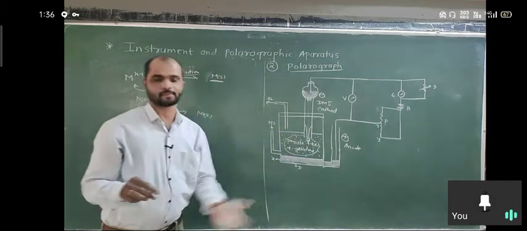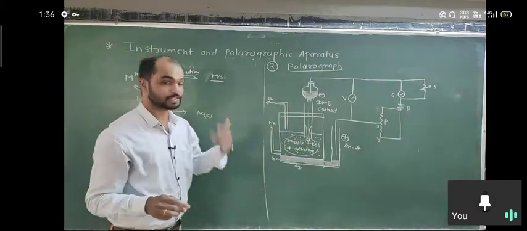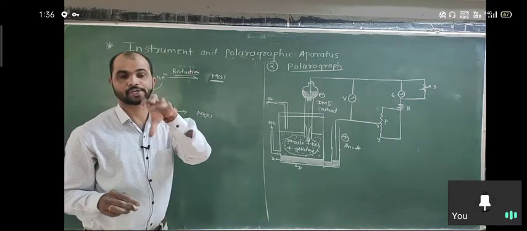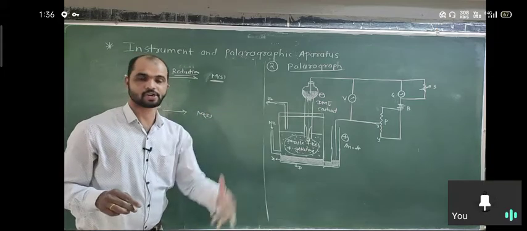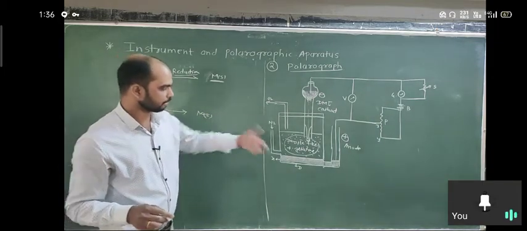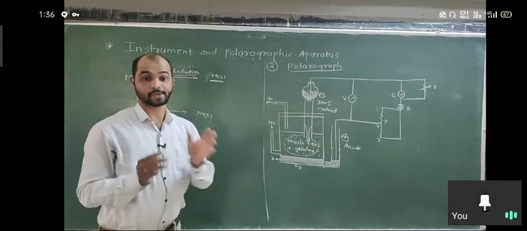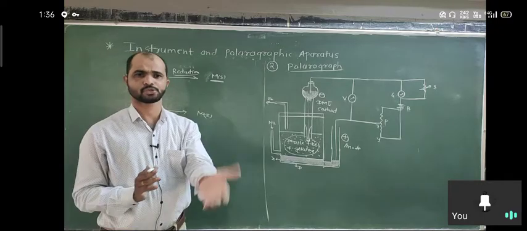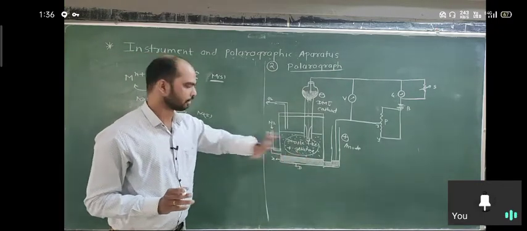So this way the metal is deposited in the solid state on the surface of the mercury drop at the top and falls down to the bottom. In this way the entire solution containing metal in some oxidation state converts into solid and falls to the bottom.